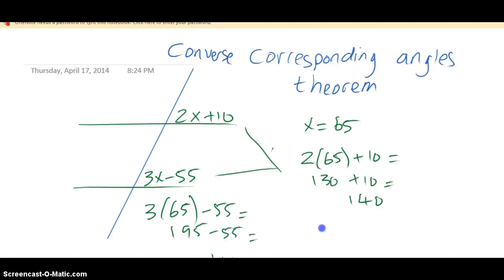So we've just shown that this angle here is the same as this angle here, and you'll notice both of those are corresponding angles, so therefore we can use the converse of the corresponding angles theorem to say that since the corresponding angles are congruent, then the lines are parallel.